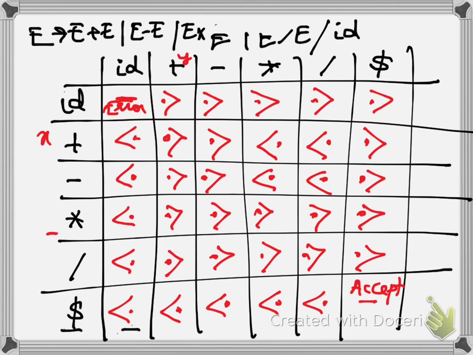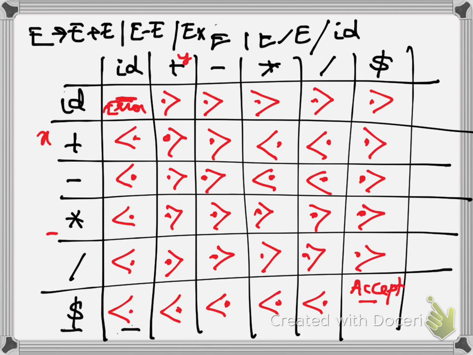There is another method known as the operator precedence function method, which reduces the size of the table. But we leave it for another discussion, and you can try to find out more about the operator precedence function method of creating the table. That table will have a smaller size as compared to this one.